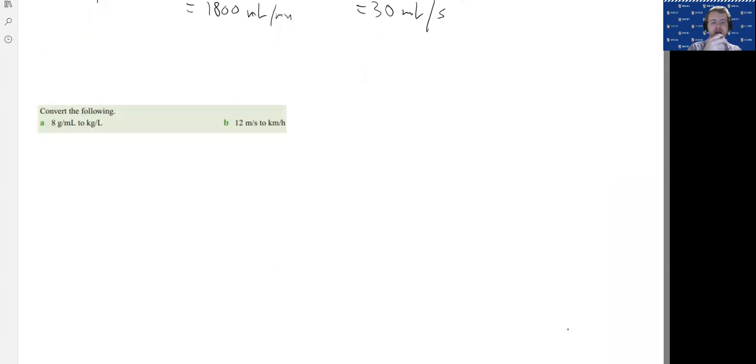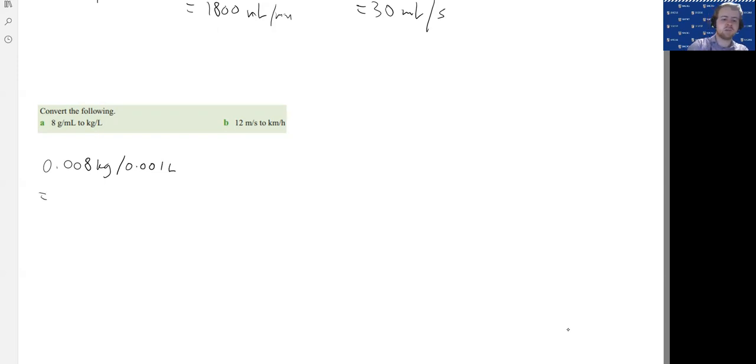All right, last example here. So this time we're converting grams per mil to kilograms per liter. So we've got to think, if we've got 8 grams in kilograms, we've got to divide by 1,000 because we're getting bigger units. We're going to need less of them. Divide by 1,000, so we get 0.008 kilograms. And then we're going to divide it by, so from milliliters to liter, we start with 1 milliliter, and that's going to be 0.001 liters.